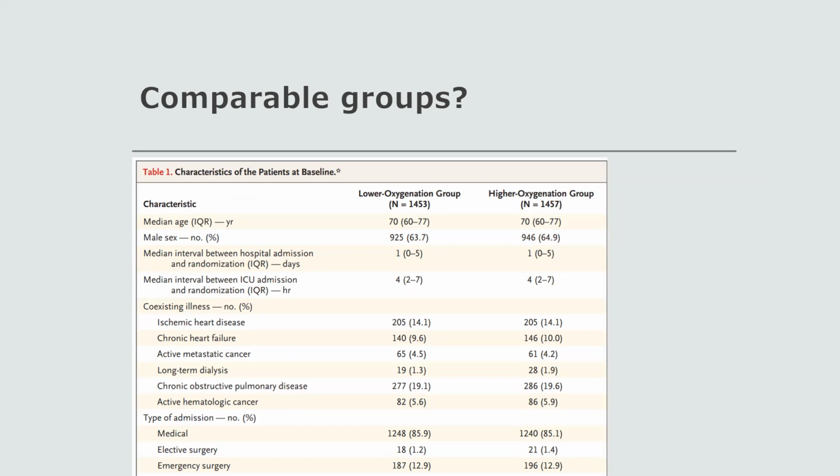So if they didn't take secular trends into consideration, the COVID patients might be a problem, if they randomized more patients to one group before the pandemic and more into another group after the pandemic. So blocking would be a feature that is really protective against secular trends in this case.